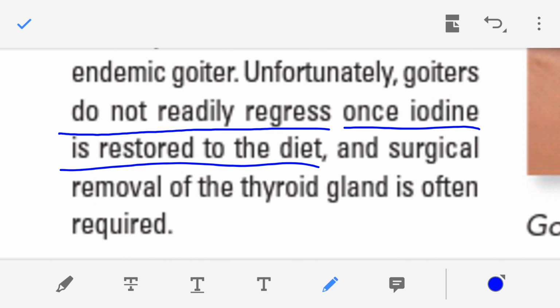So the only cure for the goiter patient is to surgically remove the thyroid gland. This is the one treatment that is given.